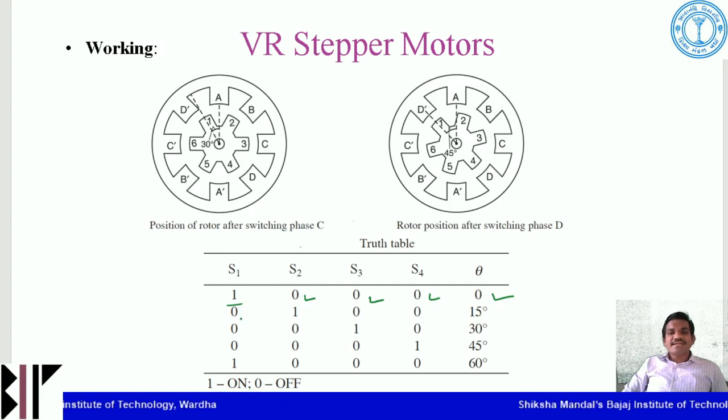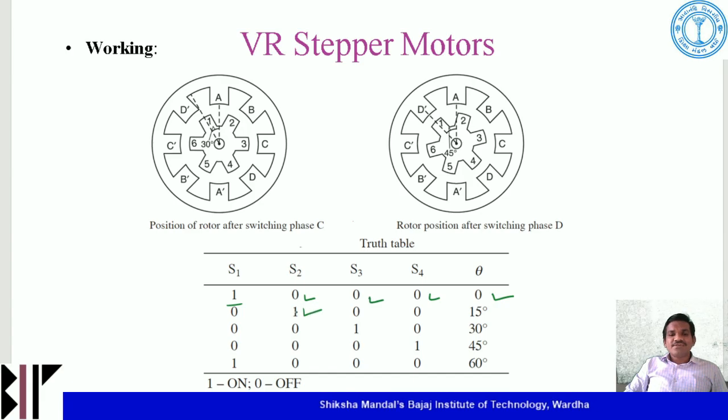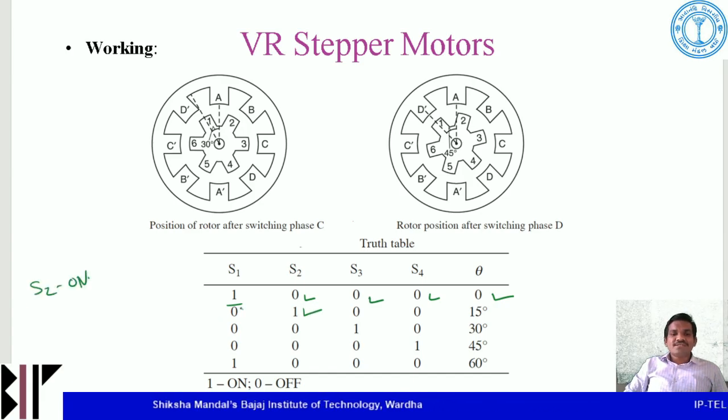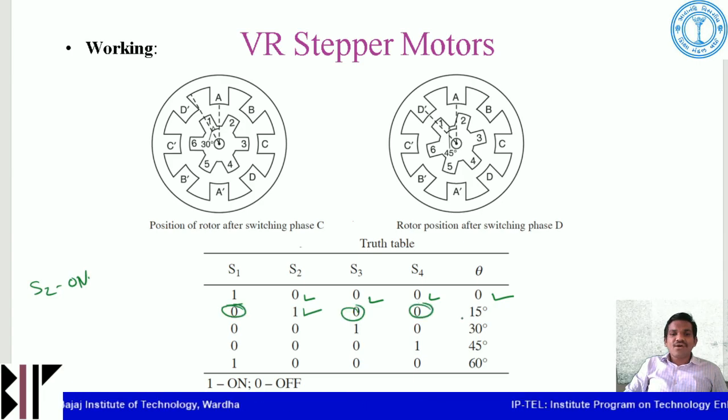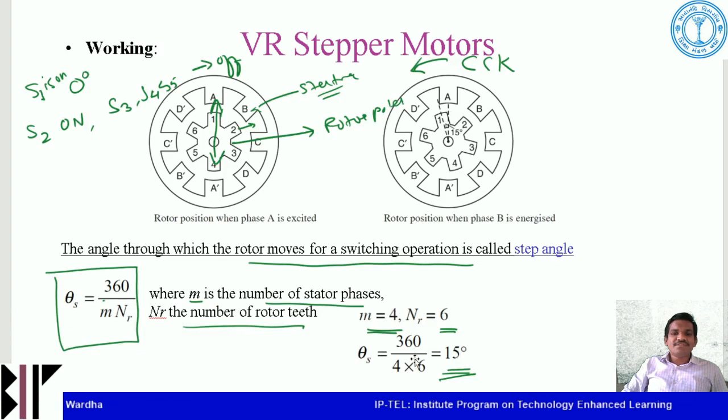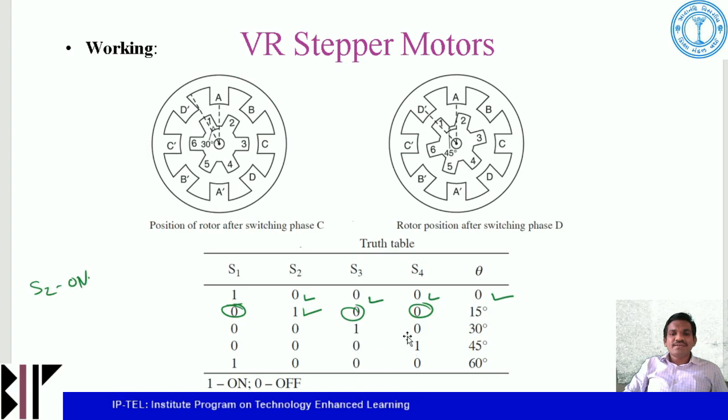In the next step, we have closed S2. That is, S2 is on, whereas S1, S3 and S4 are off. In the last PPT we saw that we got a 15 degree step angle. This is what is shown here. So 15 degrees.